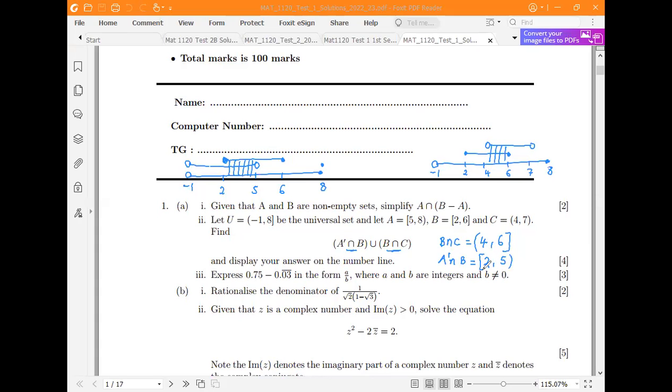And the question is saying, find the union of those two. So if we draw another number line, now trying to pick the union. So let me draw it from here. So this is 8. That is -1. So from 2 to 5, open, close.